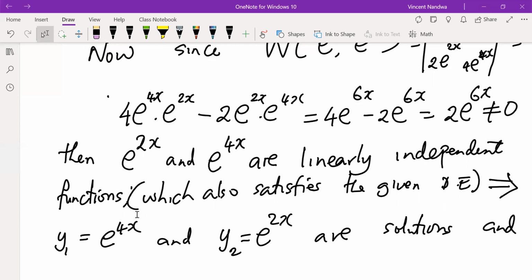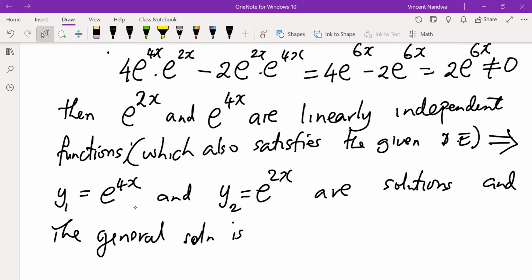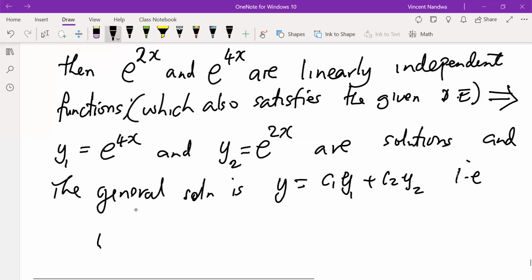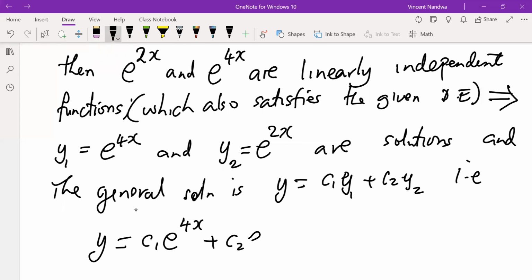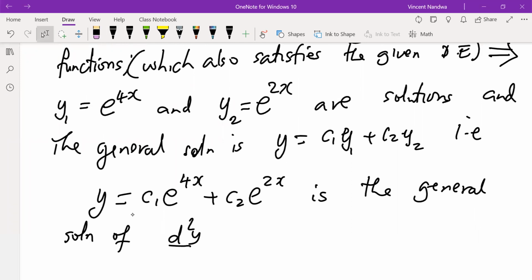And the general solution is simply a linear combination of these two. So y given by c1 y1 plus c2 y2, i.e. y equals c1 e raised power 4x plus c2 e raised power 2x is the general solution of the given equation.